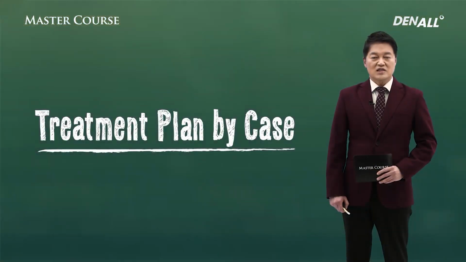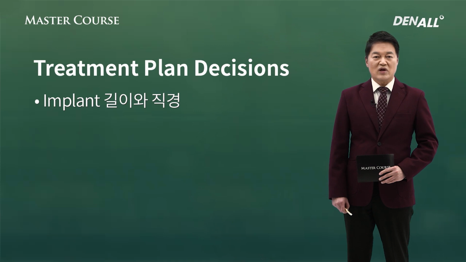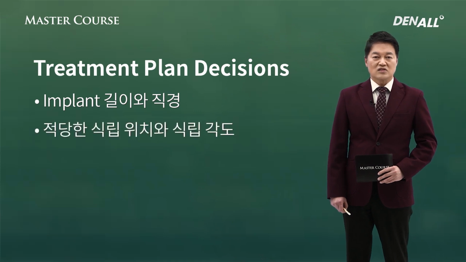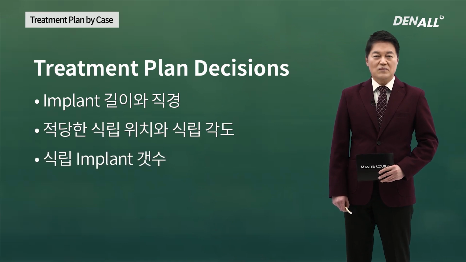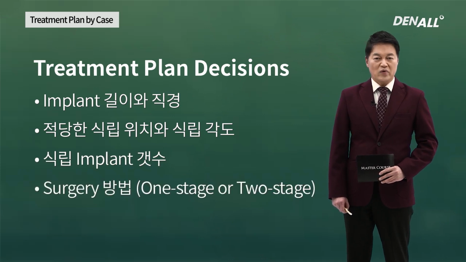Before we place an implant in the treatment planning process, let's look at the factors that we need to count in. Length and diameter of the implant, appropriate placement, position, and angle. And if you're placing multiple implants, how many implants are you going to place? Are you going to do one-stage or two-stage surgery?